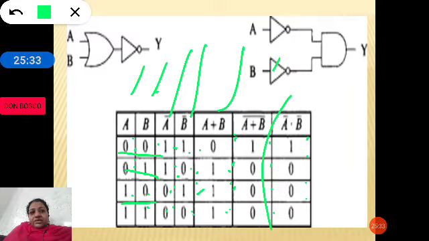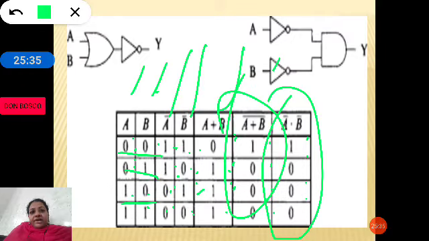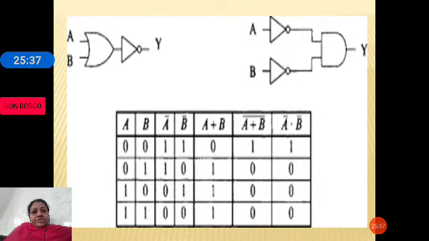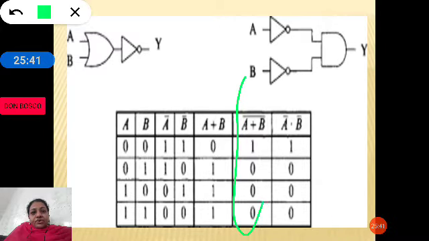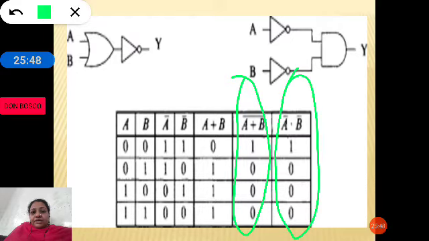As you can see here, these two columns are identical. So you can see here A plus B whole bar, we have this column 1 0 0 0 and A bar ANDed with B bar, both columns are equal, 1 0 0 0. So with this we have proved the first De Morgan's theorem.